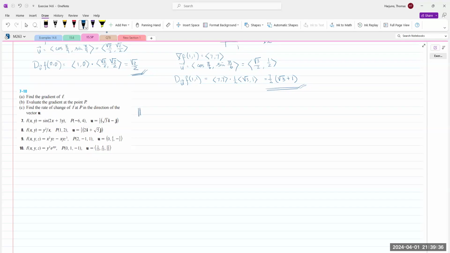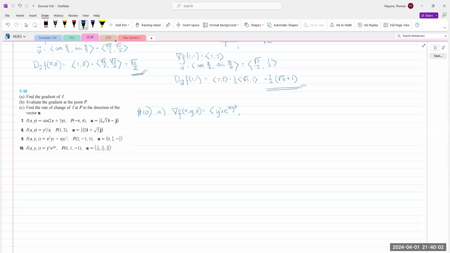So number 10, part A, what is the gradient of f of x, y, z? If I take the derivative with respect to x, the x component will be y cubed z e to the xyz.